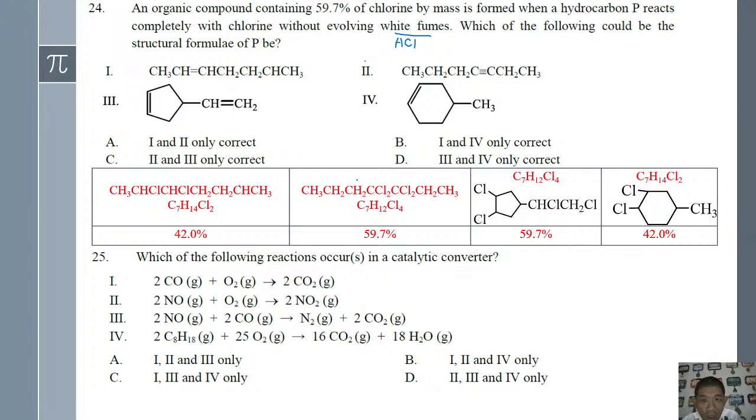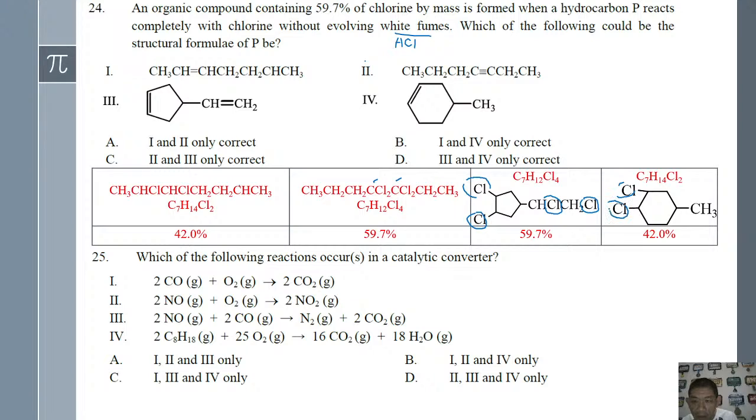As for number 2, when you have a triple bond, you form CCl2CCl2. As for number 3, when you react with the chlorine, you substitute chlorine and you add chlorine and chlorine in here, isn't it? And finally, when you add cyclohexene with the chlorine, you form this product, isn't it?